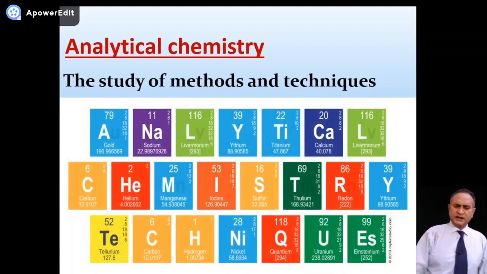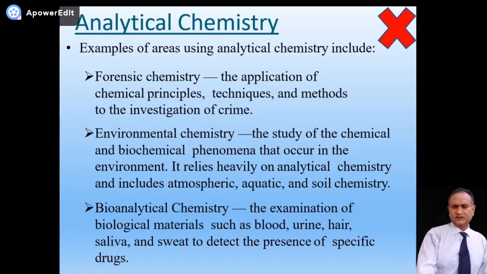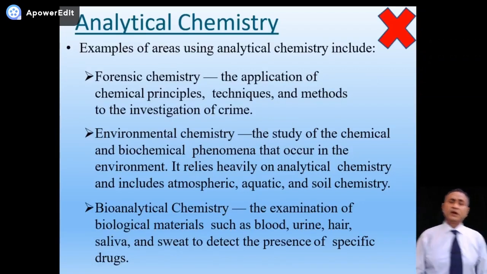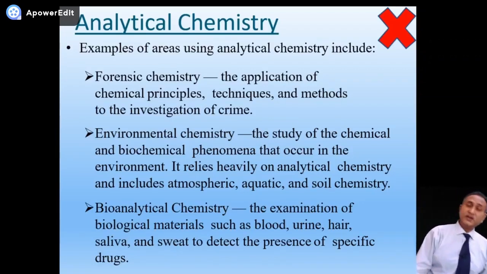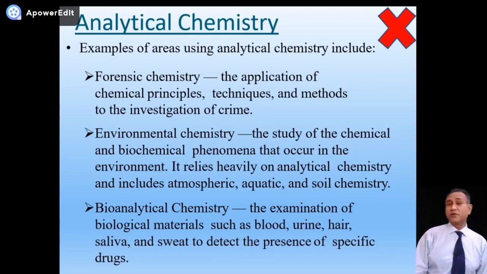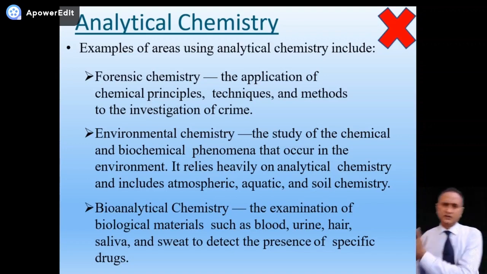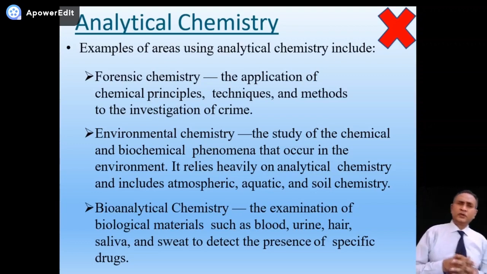Similarly, analytical chemistry is related with the most important part of the CID series, the forensic lab and all the tests. Most of you must have seen that CID series and the different tests they do to find the facts. This is also a branch of analytical chemistry.